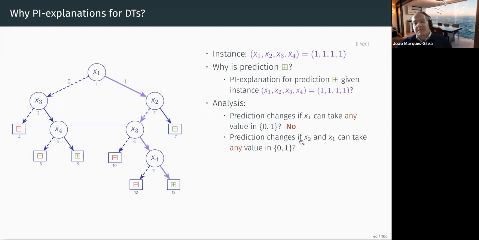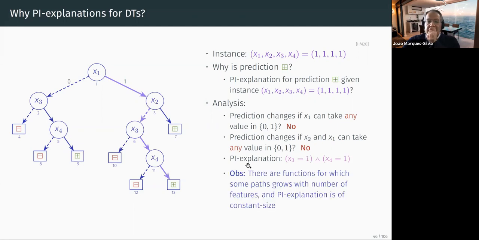I can put any value on the next one, it doesn't change, because no matter the path I pick, I will end up here. And the same here. It should have been 0 here, but anyway, let's continue. So it's no, and the PI explanation in this case is: as long as x3 is 1 and x4 is 1, the prediction is going to be plus.